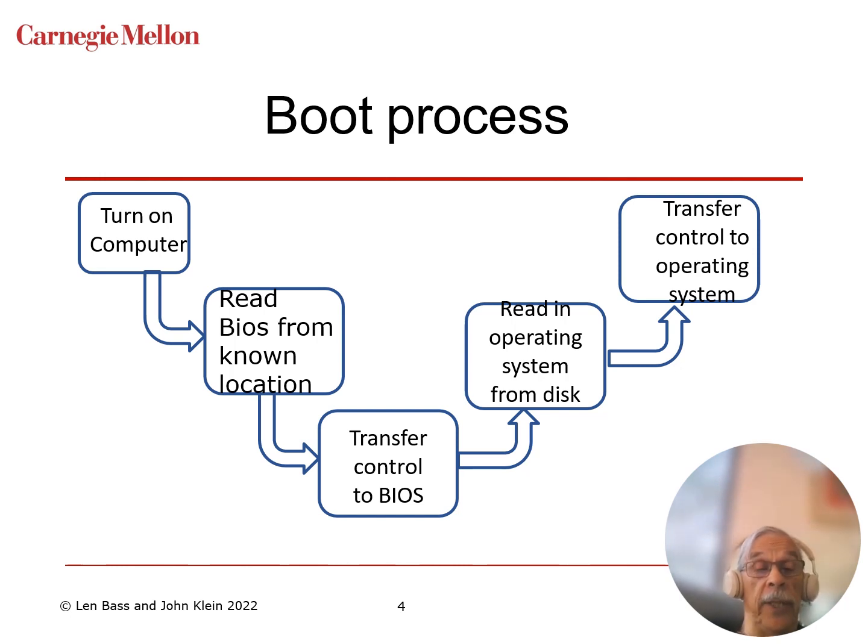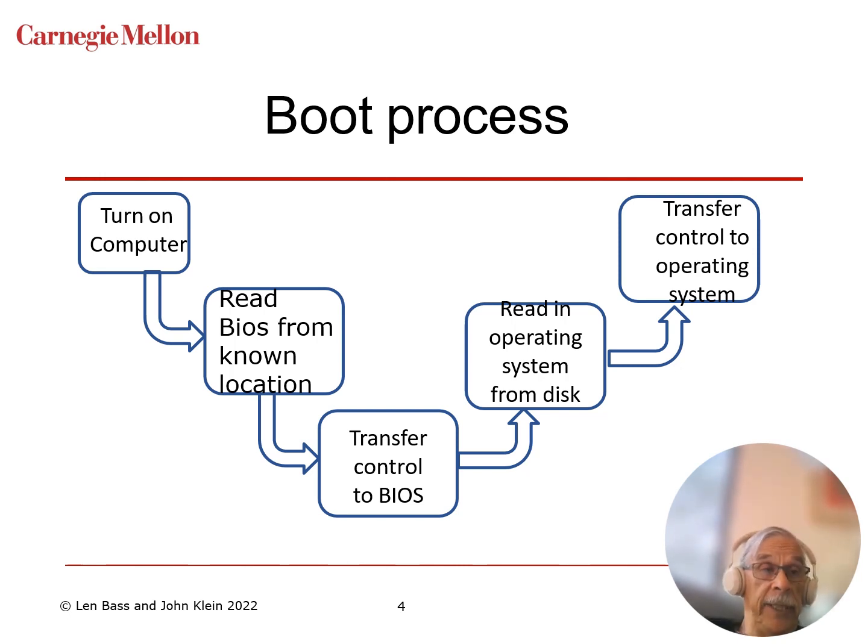So you turn on the computer. Built into the computer is a BIOS at a known location that's actually part of the microcode of your processor, and it reads the BIOS from this known location. It transfers control to it.